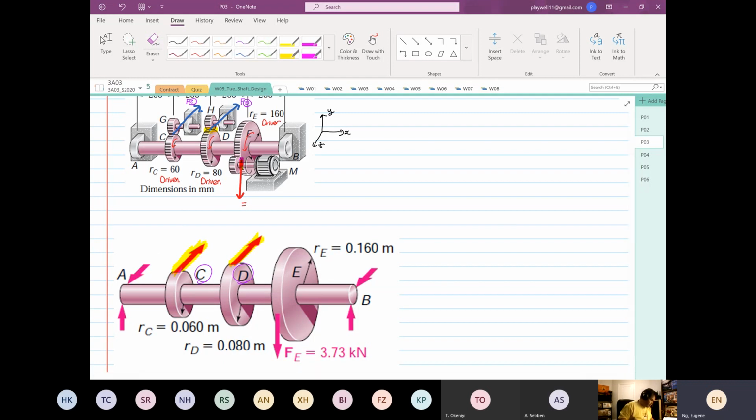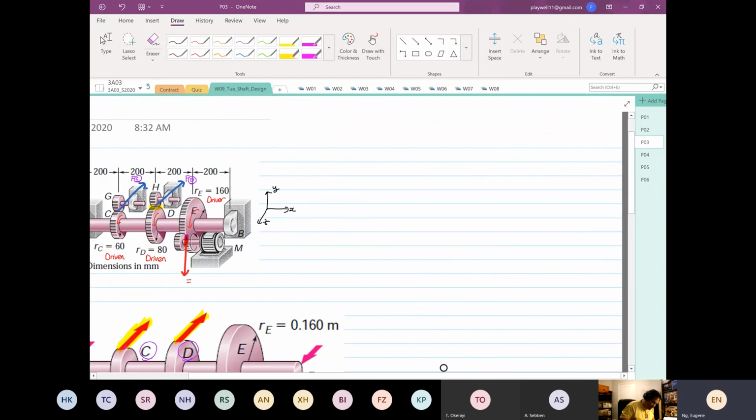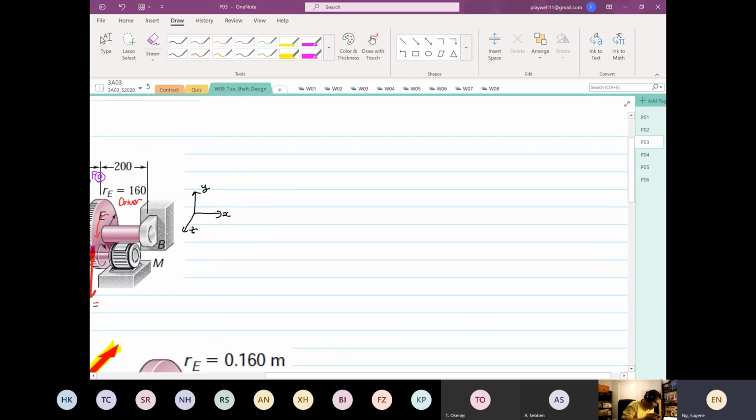So let's focus on the shaft first. From here you can start analyzing. Power input by the motor is equal to 30 kilowatt.